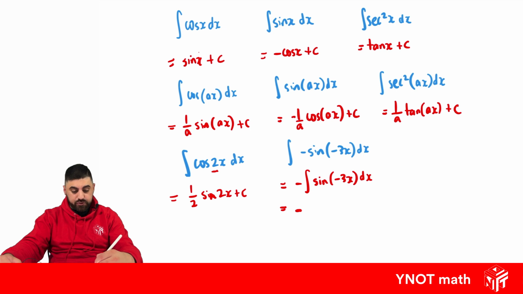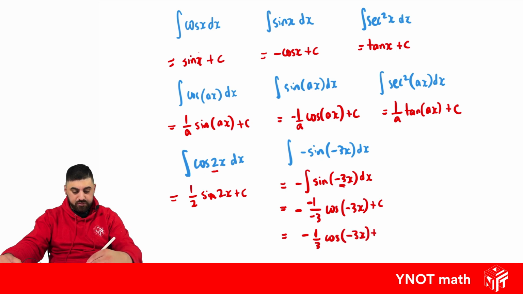And then we also have to multiply by 1 on a. In this case, our a is minus 3. So we're going to get minus 1 on minus 3 cos of minus 3x plus a constant. The 3 minuses will turn into 1 minus. So we get minus 1 on 3 cos of minus 3x plus our constant.